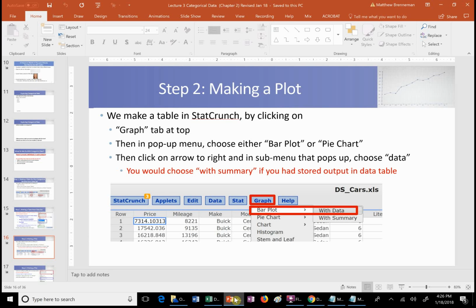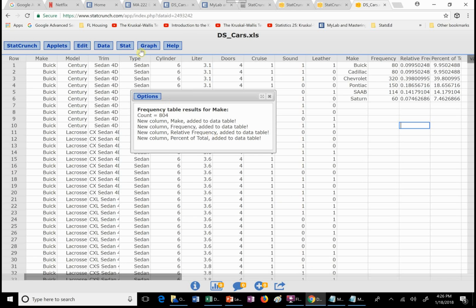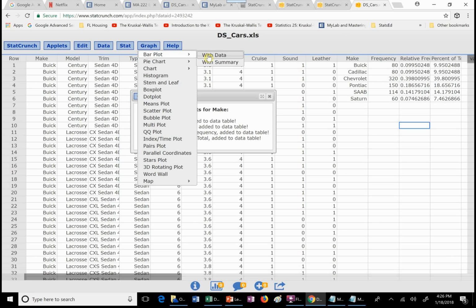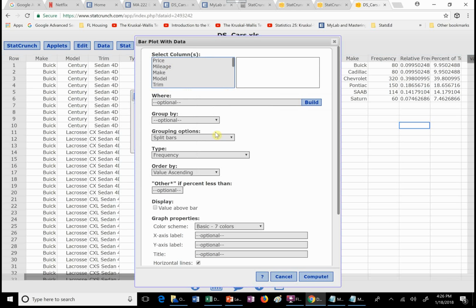And this is what a bar plot is, right? So this will be around 40%. Pontiac will be around 18%, and so on. Okay? And so the name sounds like it is. It's a plot where the heights are bars, okay? So let's go ahead and try that. So I'm going to go to Graph, Bar Plot with Data.